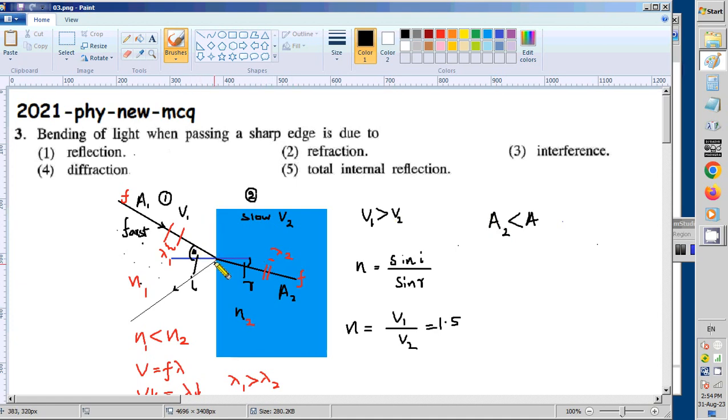If this angle is greater, A2 becomes even smaller because the reflected portion increases. So that is refraction. Before we go to a conclusion, we can write Snell's law: n1 sin I equals n2 sin R. That is called Snell's equation, which we also use.